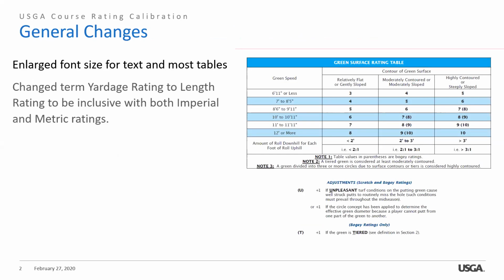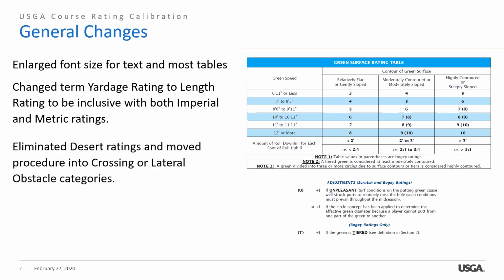The other thing is, and you'll see this, not a ton, but this again gets back to emphasizing that we are now a world handicap system that is used across the world. And so yardage typically only applies in certain areas where we have a lot of golf courses off of the metric system. So now we have the term length as opposed to yardage to account for that.